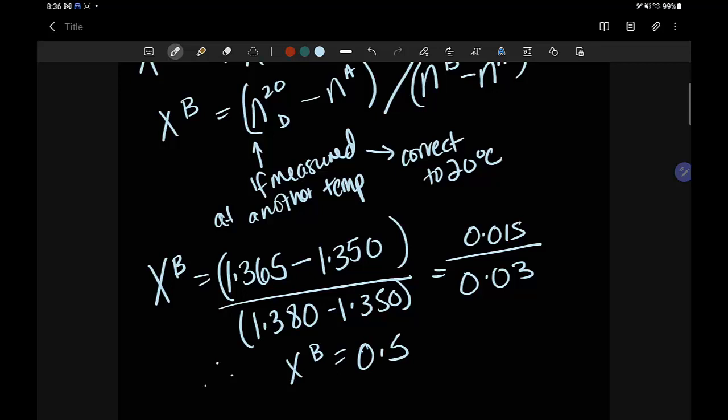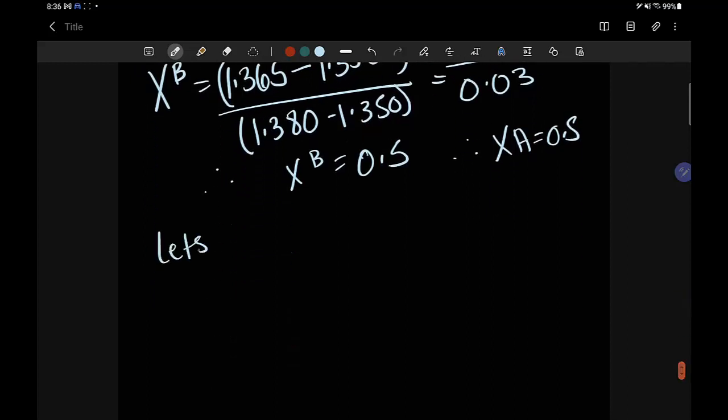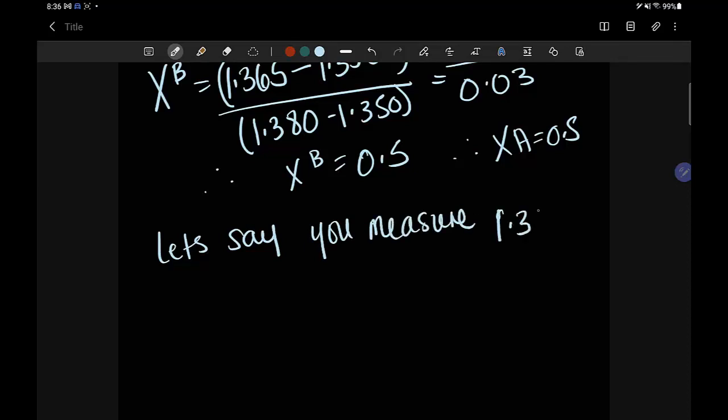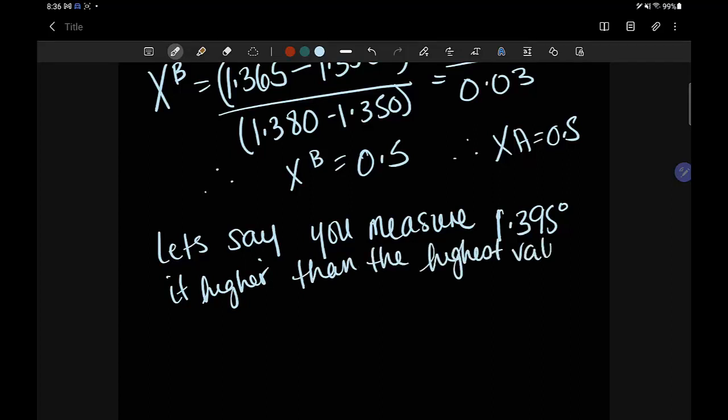So when I do the calculation, I just fill in everything. When I subtract, I get 0.015 over 0.03, and that turns out to be 0.5, I think. So if XB is 0.5, that means XA must also be 0.5. I just happened to randomly pick a number, and it turned out that they're actually 1-to-1, but that's not necessarily true. That's just because I picked random numbers, and I just got lucky.